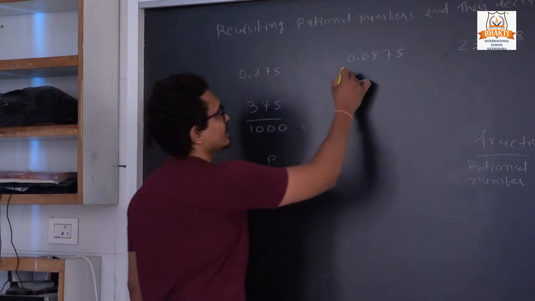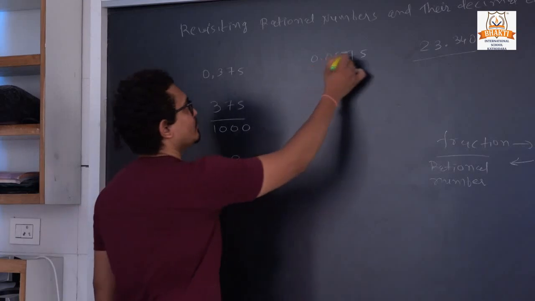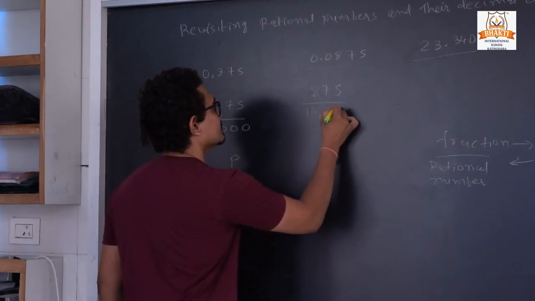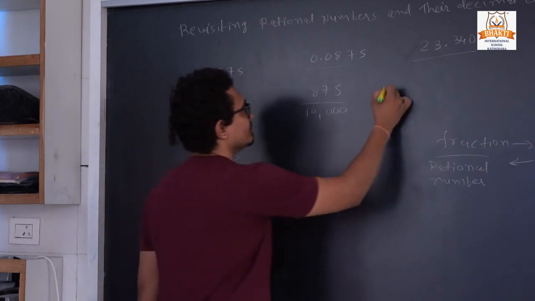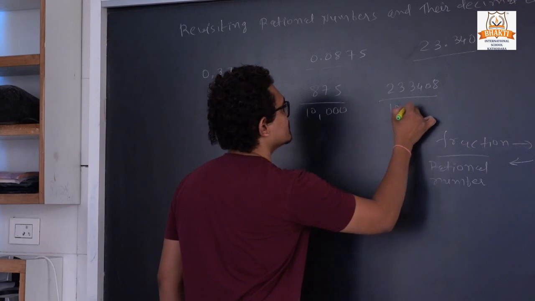Here we are also taking two more examples. Here after the point we have how many digits? 4. So we can write 10,000. And here after the point once again we can write 10,000.